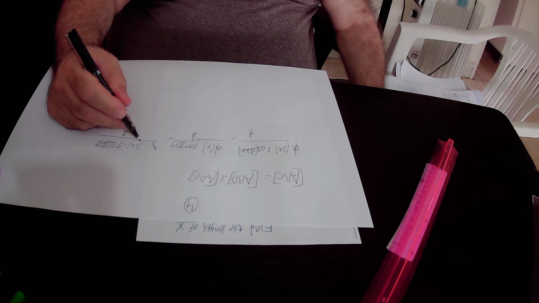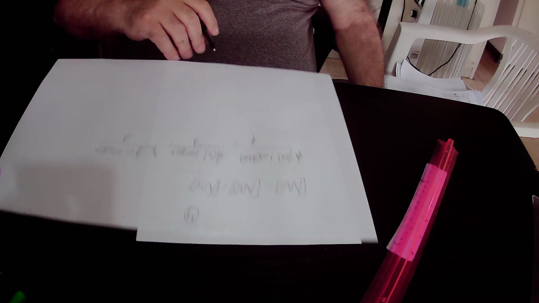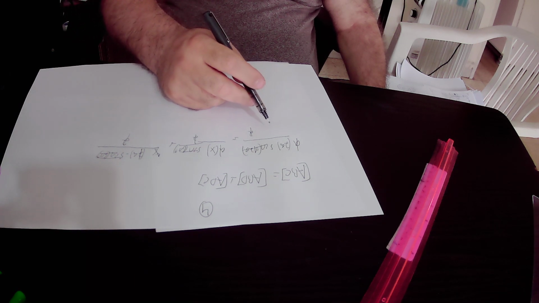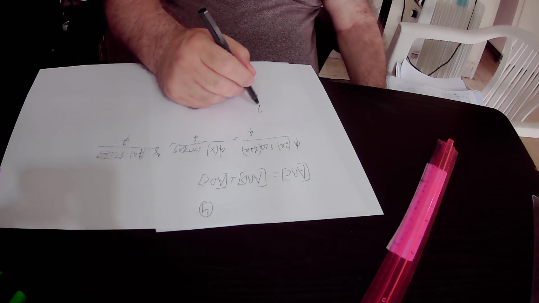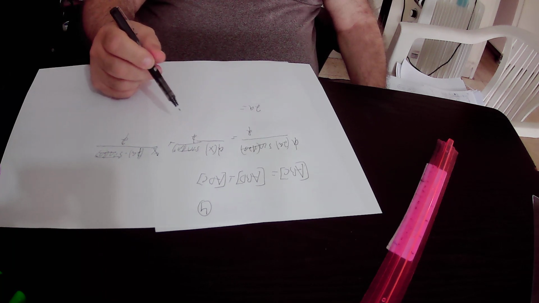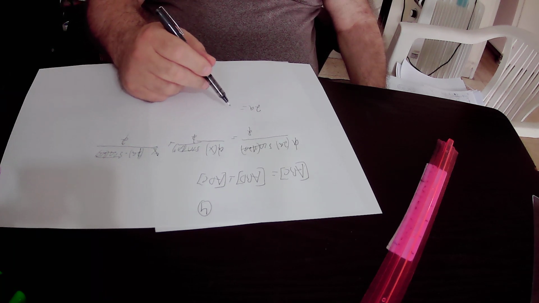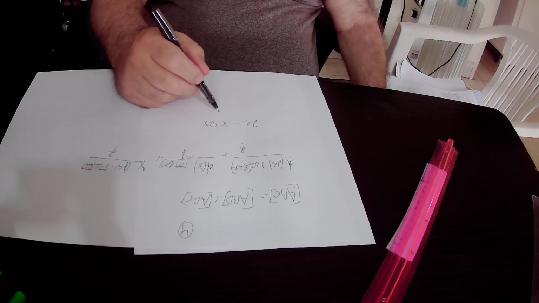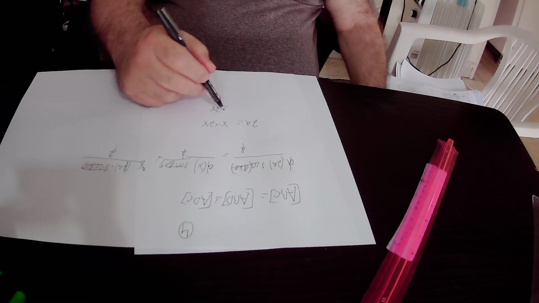What is left is, on this side of the equation, 2a that is equal to x plus 2x, which is 3x, that is equal to 2a.